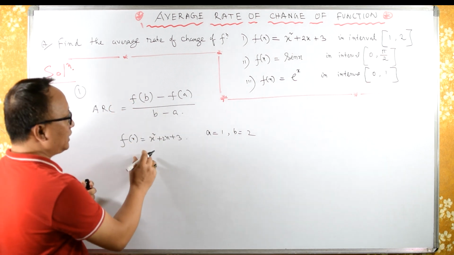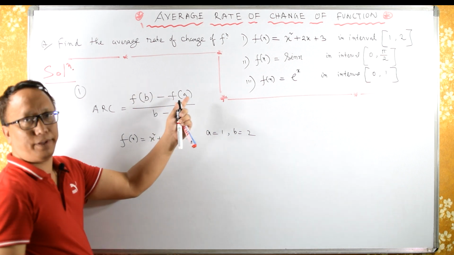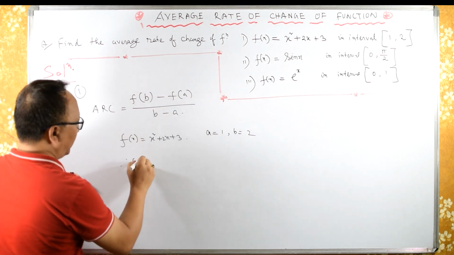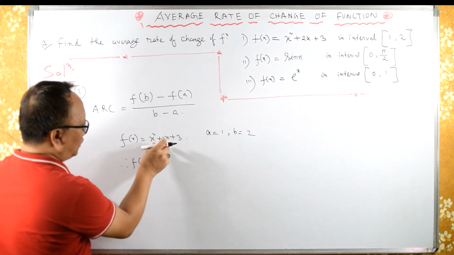Okay. Now we need to find this. In order to find this, we need to find f of b as well as f of a. Therefore f of b means f of 2, substitute 2 over here.